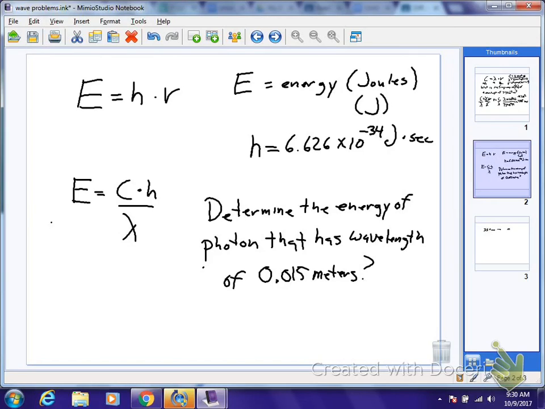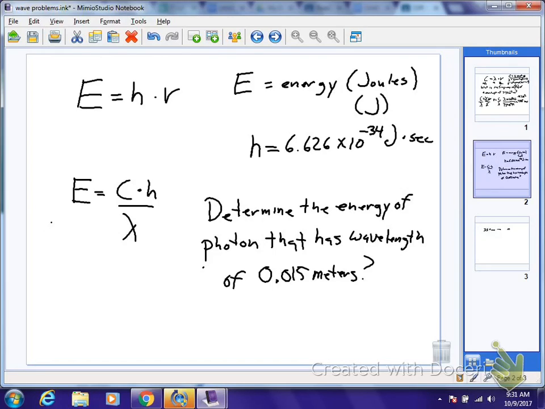There was a scientist, a chemist, who figured out this relationship of an electron and how much energy it has, and that's why the value is a negative 34th, because we're talking about one electron in an atom, a really, really small amount of energy, and so the scientific notation is so small. So that's a constant, like 3 to the 8th.